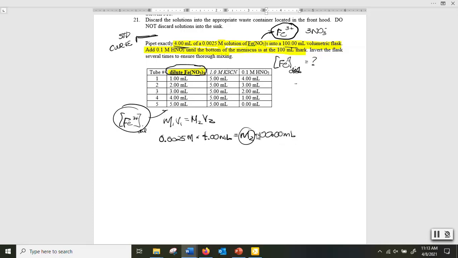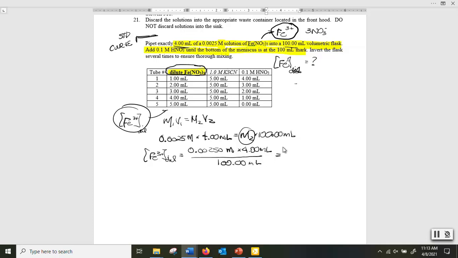Okay, so our M2, and now I'm just going to use what it is, Fe3+ dilute, is equal to 0.0025 molar times 4.00 milliliters divided by 100 milliliters.